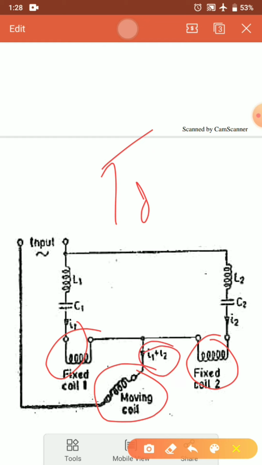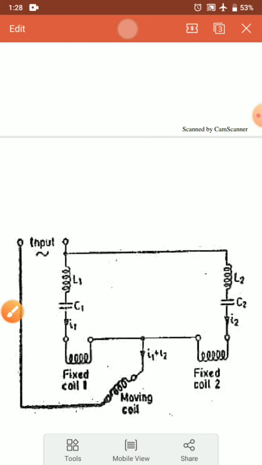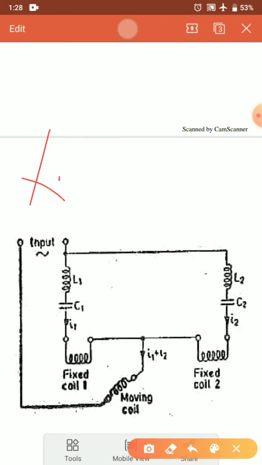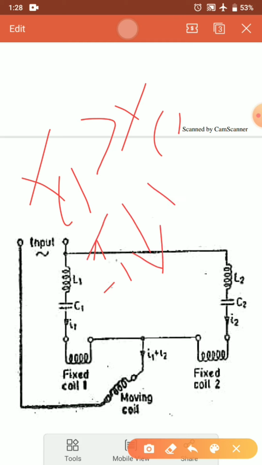Now, for example, if fixed coil 1 operates at a resonant frequency where XL1 is greater than XC1, then the current I1 will lag the applied voltage. Now let us consider fixed coil 2.